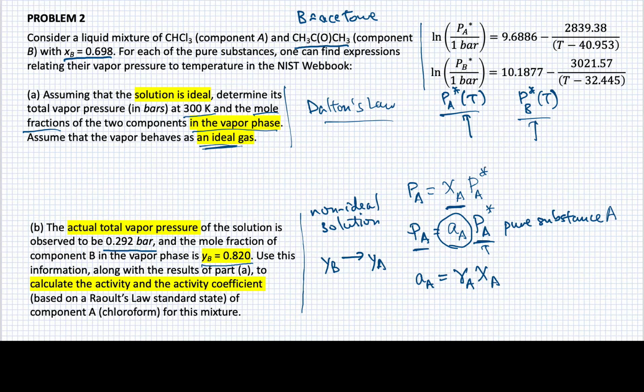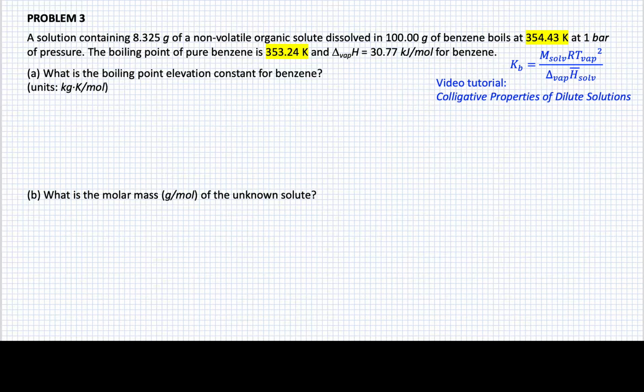So use this information with the information that's given here and the relationships between mole fractions in the vapor phase and mole fractions in the solution phase. You should be able to get a handle on these things. There are no difficult calculations here, no integrals to perform. It's just a matter of working out what it is you need to use in your calculations.